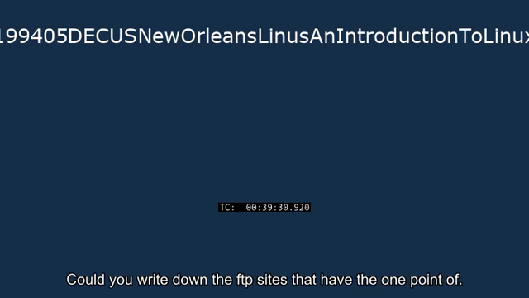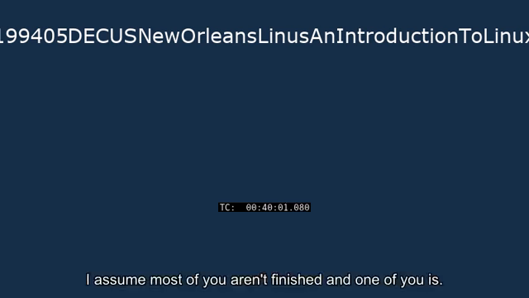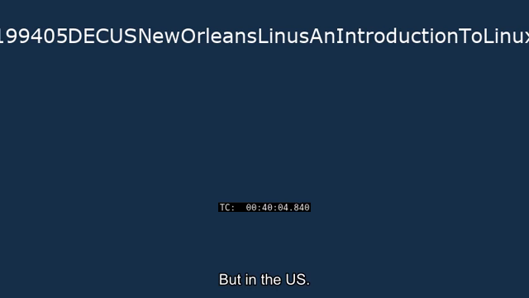Could you write down the FTP sites that have the 1.0? Okay. Yeah. Does anybody have a pen to actually write them down? I assume most of you aren't Finnish, and one of you is, but in the US, the main sites are tsx11.mit.edu and sunsite.unc.edu.